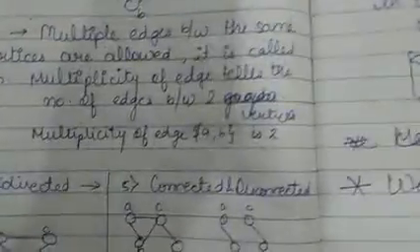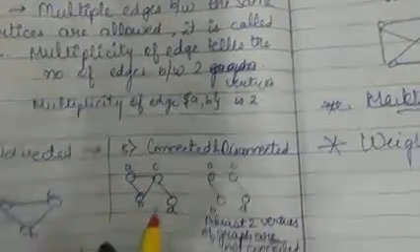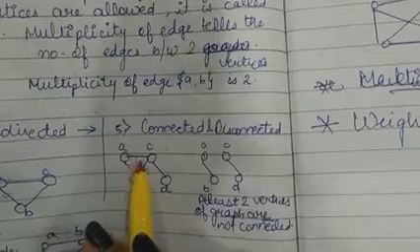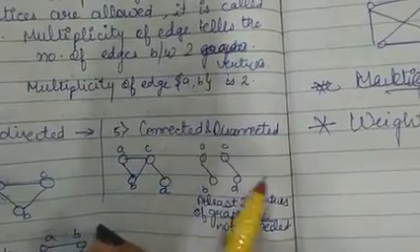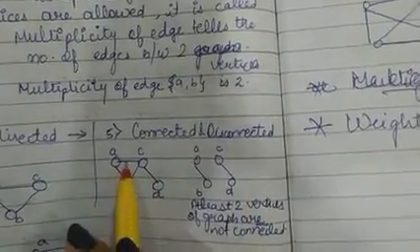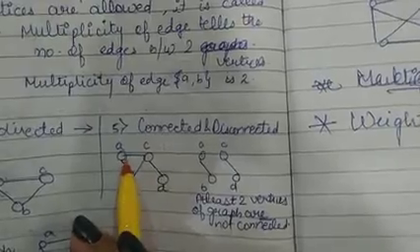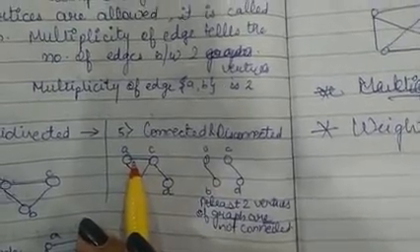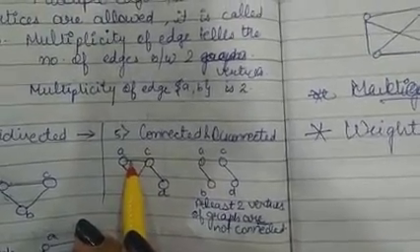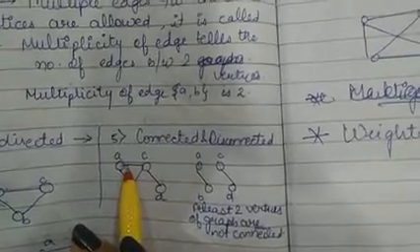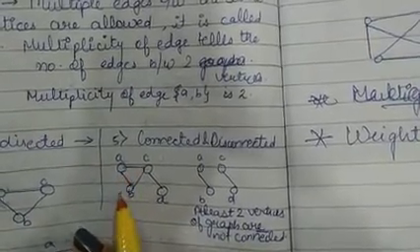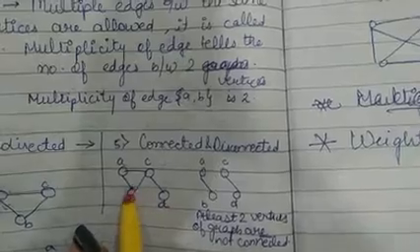Again, now we have connected and disconnected graphs. These are the connected graphs and these are the disconnected graphs, because here we have a proper edge connecting every possible vertex. There is no vertex left without any edge. Here we can see that A, B, C and D are joined somehow with each other.